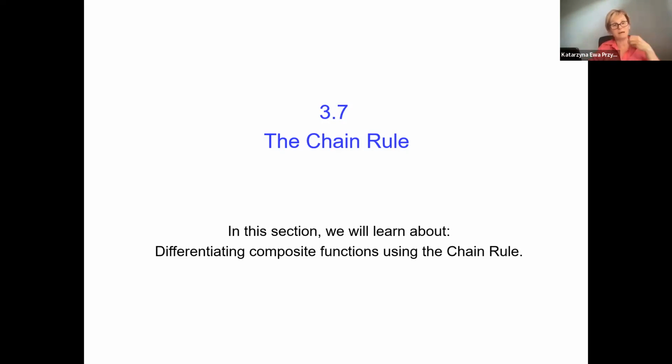This will be a new rule for finding the derivative of more complex functions, which we call a composite of two functions, or a compound function. For instance, I can give you sine square of x. What is the derivative? Or maybe another function, square root of cosine of x.